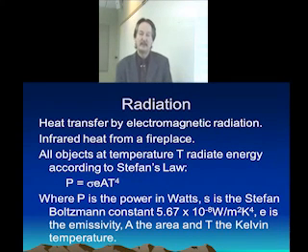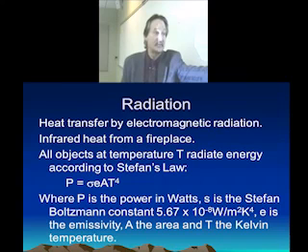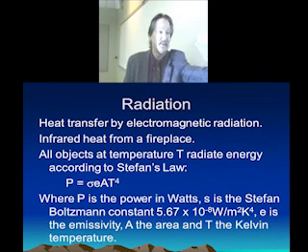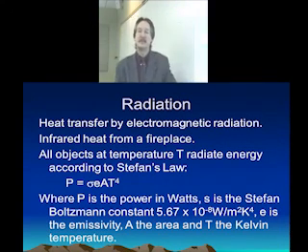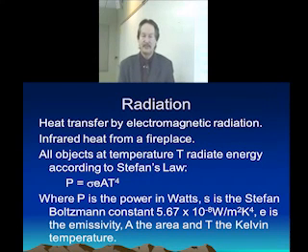Now, very important, the area has to be expressed in square meters, because notice that the Stefan-Boltzmann constant has a square meter unit, and it has to be expressed in Kelvin temperature, because Kelvin is in that constant as well.